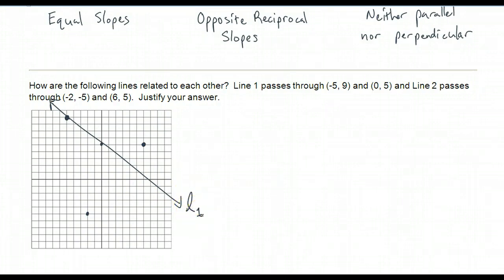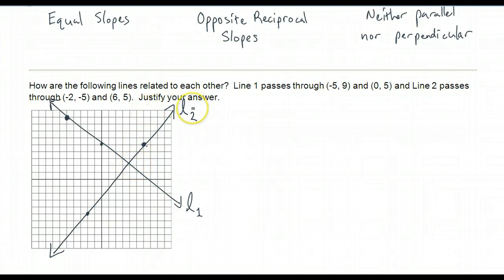Line 2 is going to pass through these 2 points, so I'm going to connect them and extend that line past those 2 points. I'm going to call that L2, line 2. Now it looks like these 2 lines are perpendicular, so I need to justify my answer.